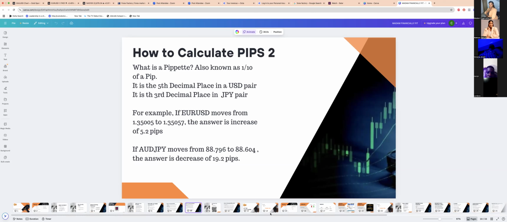For example, if EUR/USD moves from 1.35005 to 1.35057, the answer is it increased by 5.2 pips. And if AED/JPY moves from 88.796 to 88.604, it decreased by 19.2 pips.